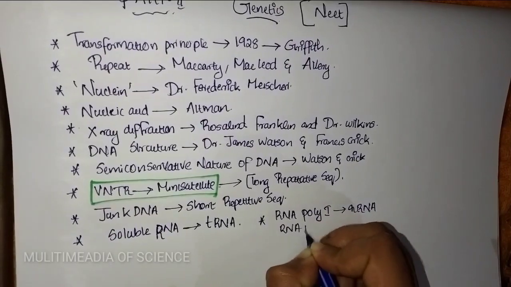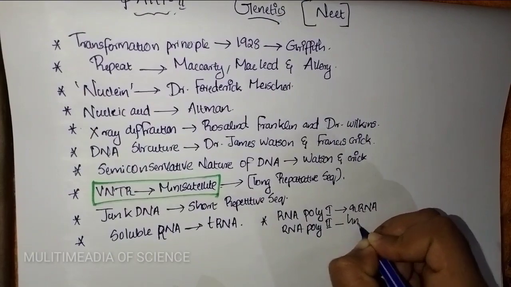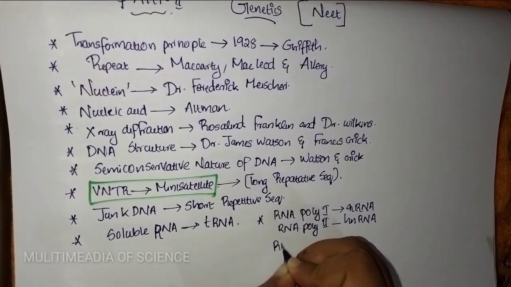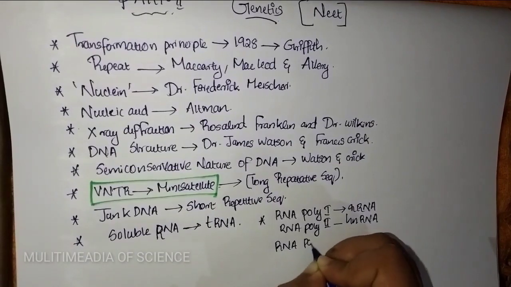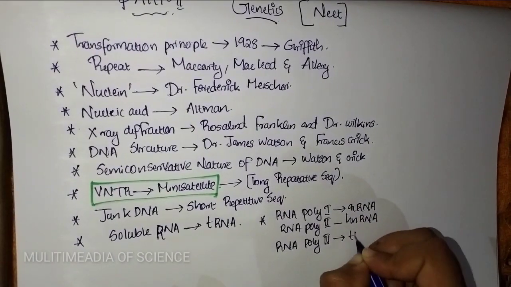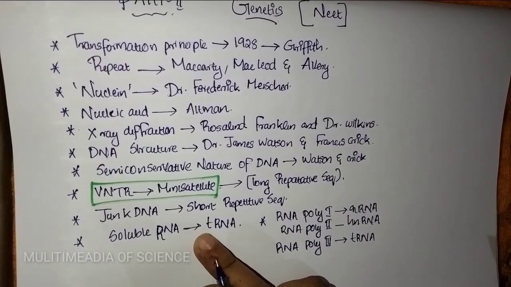RNA polymerase 2 indicates hnRNA. RNA polymerase 3 indicates tRNA. This tRNA is soluble RNA.